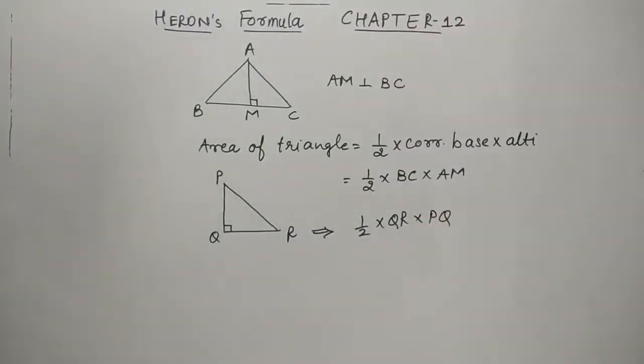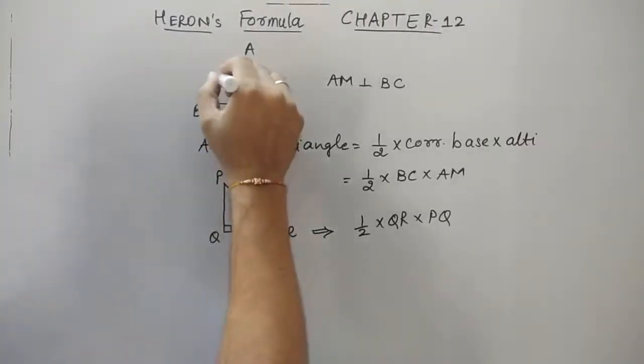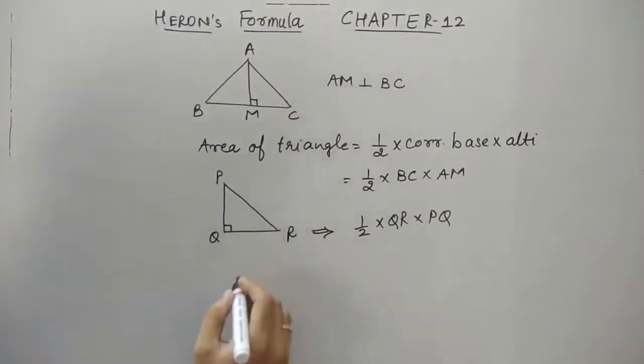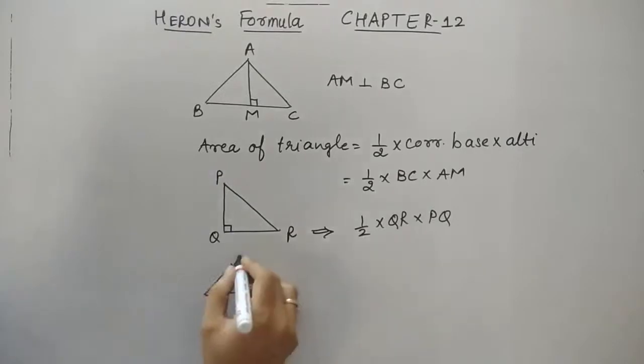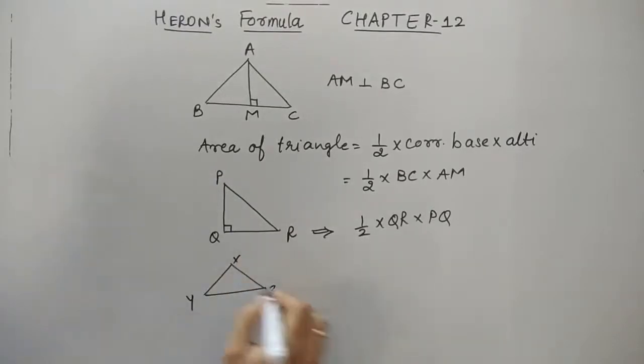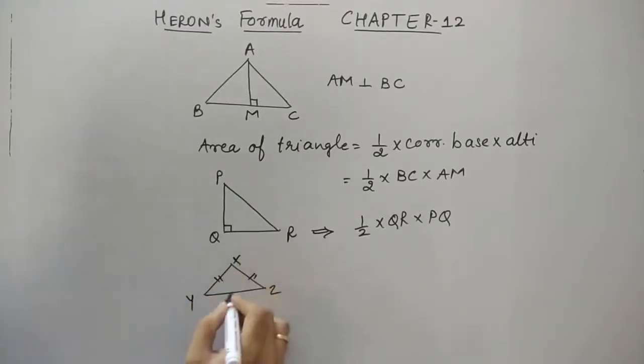Even you can find the area if an isosceles or equilateral triangle is given. Let's consider one example for an equilateral triangle. We know equilateral means the lengths of all the sides are the same. And if I draw an altitude here, this altitude also becomes the midpoint.